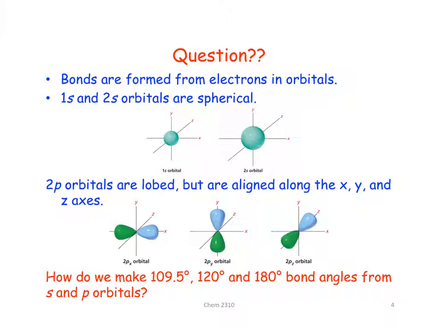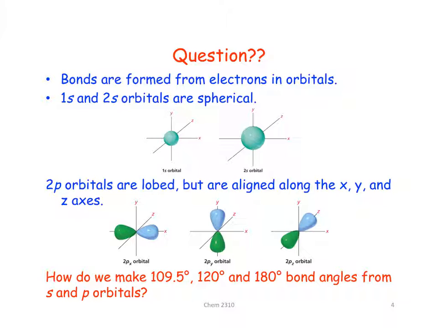This presents us with a bit of a challenge, though, because now we have to consider bond angles of 109.5, 120, and 180. But all we have to work with are the s and the p orbitals.